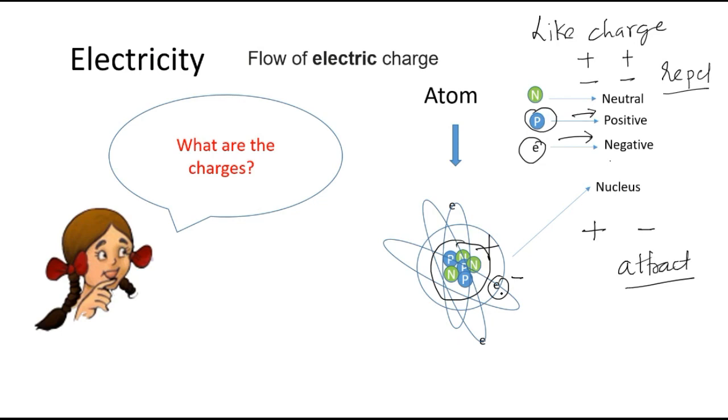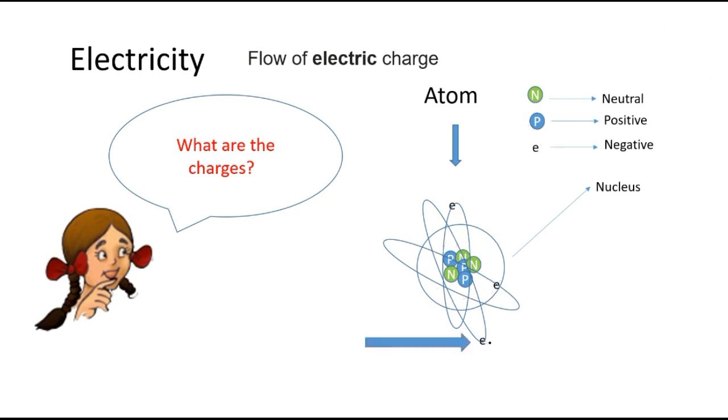So in this case, some electrons are very close to the nucleus. They are attracted more than the electron which is far away, just like a planet which is far away from the sun is attracted less by the sun. So this is the electron which can be made free easily. Free in the sense we can take this electron and use it for some other work, provided you give a kind of push to it.